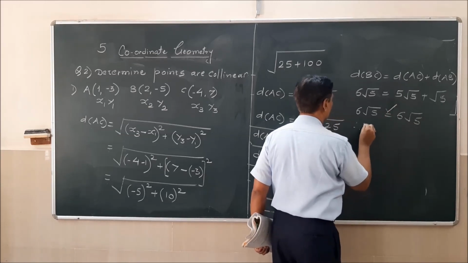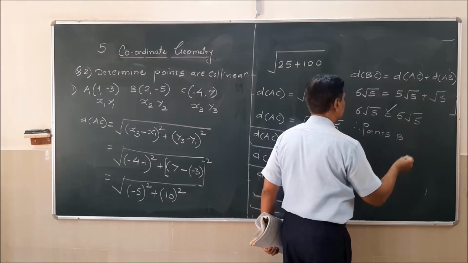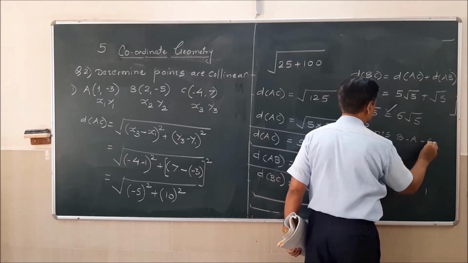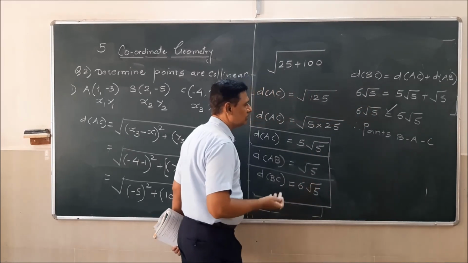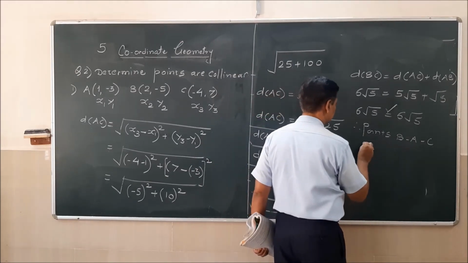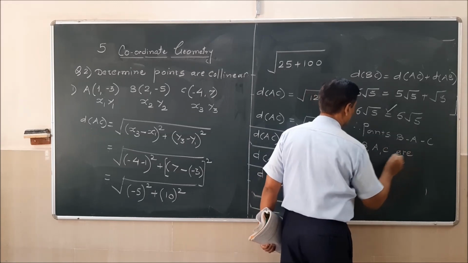Therefore, points B, A, C, because AB plus AC is equal to BC, or you can say points B, A, C are collinear.